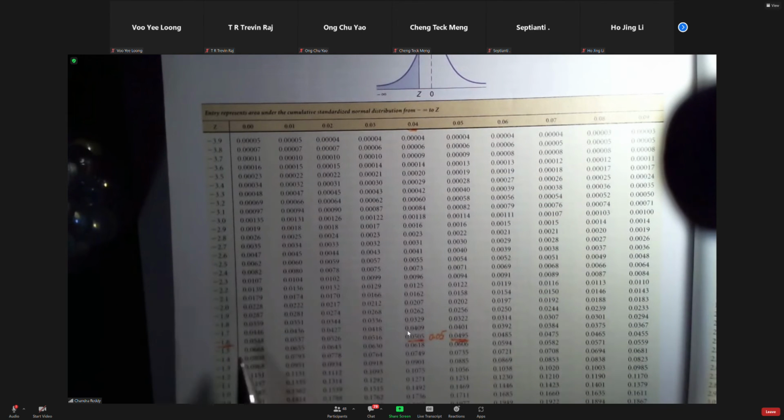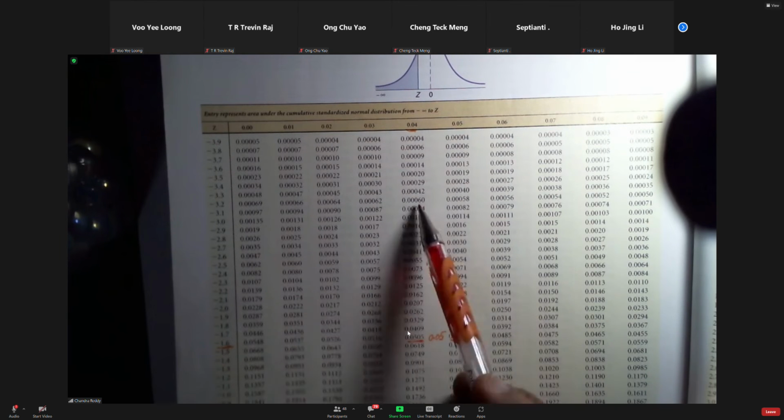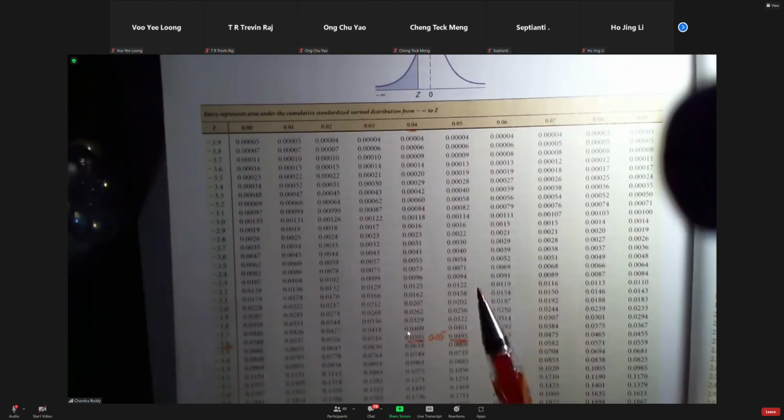All right, so you will be able to read the value for probability of 0.05 as minus 1.645. Minus 1.6 is here, 0.04 here, so minus 1.64, and in between, we can say it is negative 1.645.